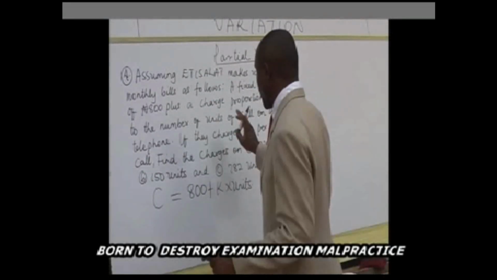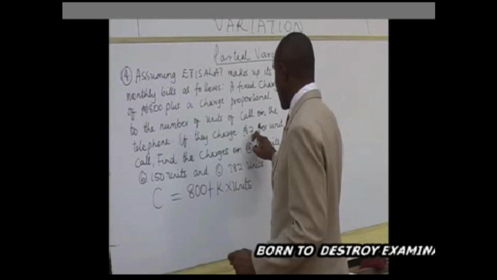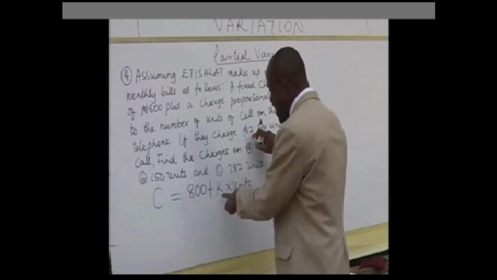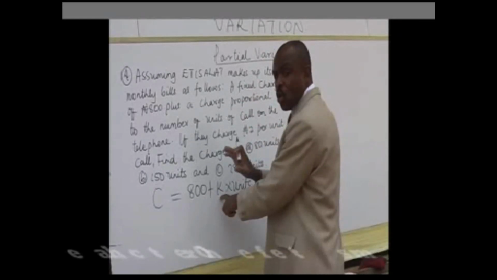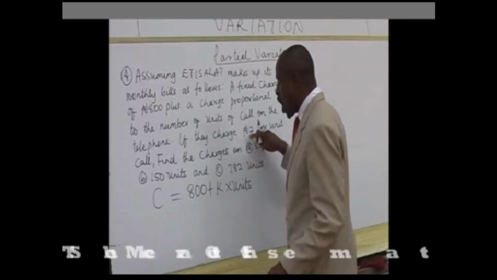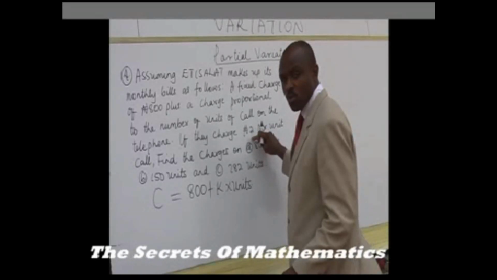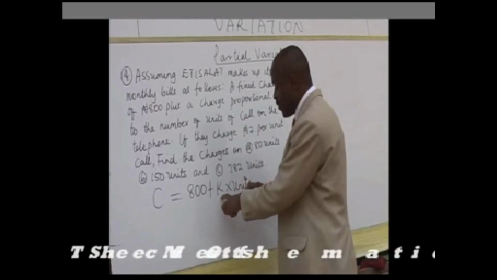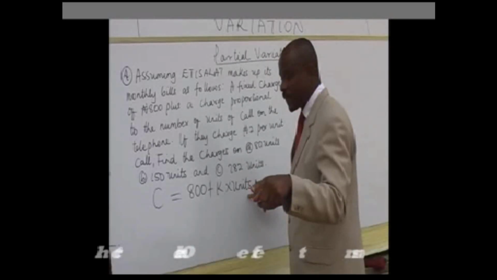The information has told us that there is a 2 naira charge per unit. This 2 naira is equivalent to the constant because for every unit you want to calculate, you must multiply by 2. So this 2 becomes a constant. So you are going to use this 2 to substitute k in calculating whatsoever units have been used in that telephone.